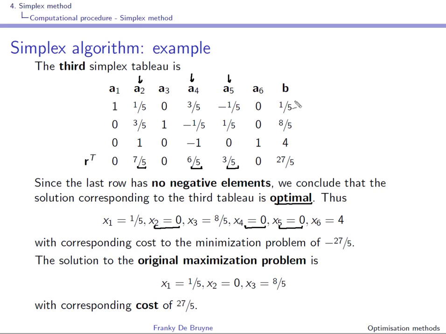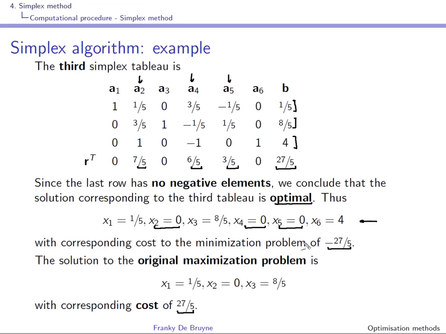x1 is equal to 1 over 5, x3 is 8 over 5, and x6 is equal to 4, and this is what you see over here. For the minimization problem, the underlying cost is this one, and you have to put a minus sign in front. If we look at the original problem, then we can forget about the slack variables, and the original problem was a maximization problem, so we have to take the opposite of this one, which is also the one that we have over here.